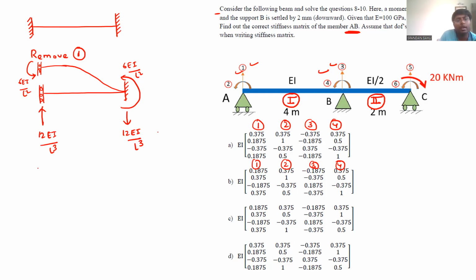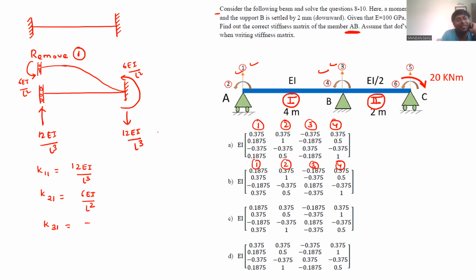Now, once you have released one, you will get K11. K11 will be how much? 12 EI upon L cube. K21 will be 6 EI upon L square. Minus or plus?